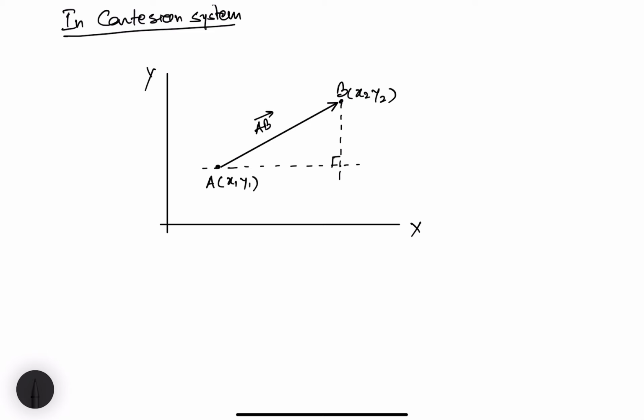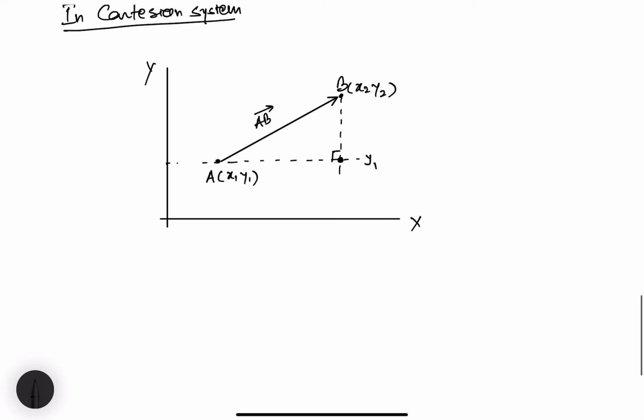So what are the coordinates of this point? The coordinates of this point are very straightforward. Remember, A's y coordinate is y1. So this will remain the same for all the points. You notice? This is y1.